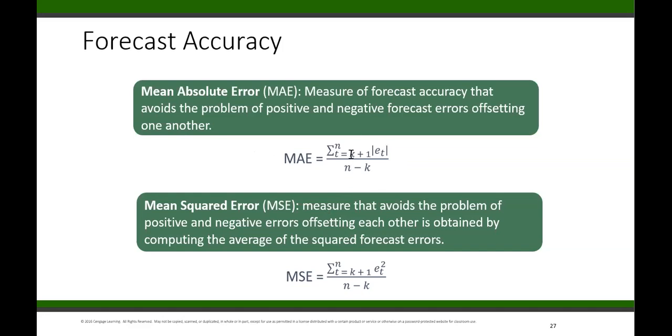That's a very common forecast accuracy measure. Alternatively, instead of taking the absolute values, we can take squared forecast errors and use the average of errors squared as a measure for forecast accuracy. This is called mean squared error, MSE, right?